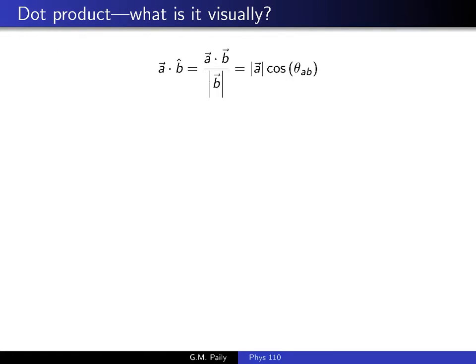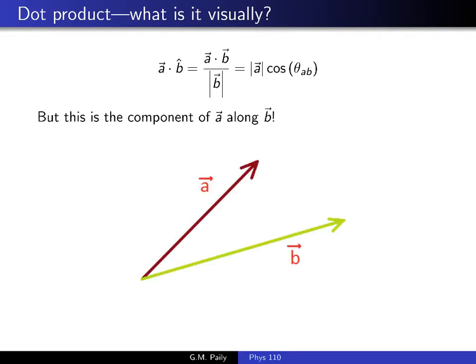But what is the geometrical interpretation of A cosine theta? This is simply the component of vector A along the direction of B. For example, if these are the two vectors A and B, I can project A onto the vector B. Remember, when doing a projection, you draw a line which is perpendicular to the line onto which you are projecting.